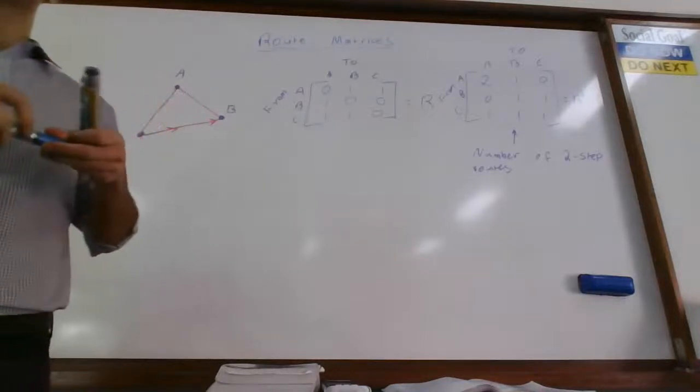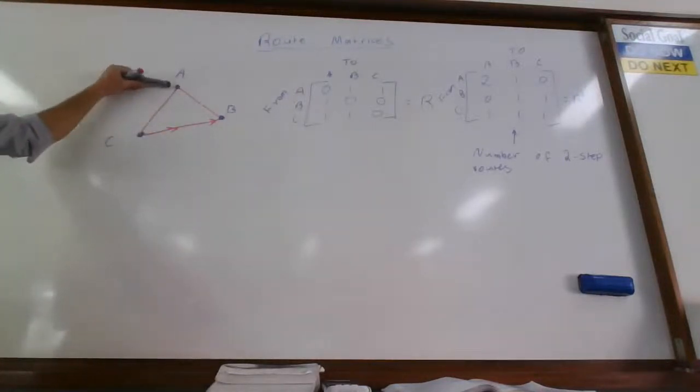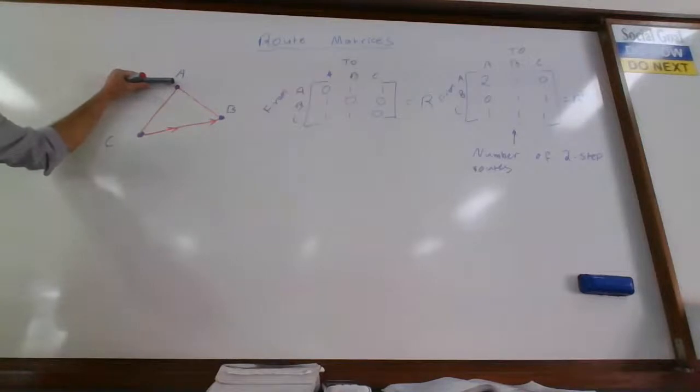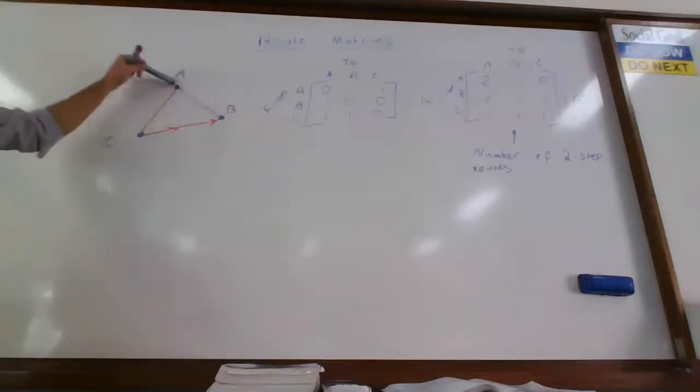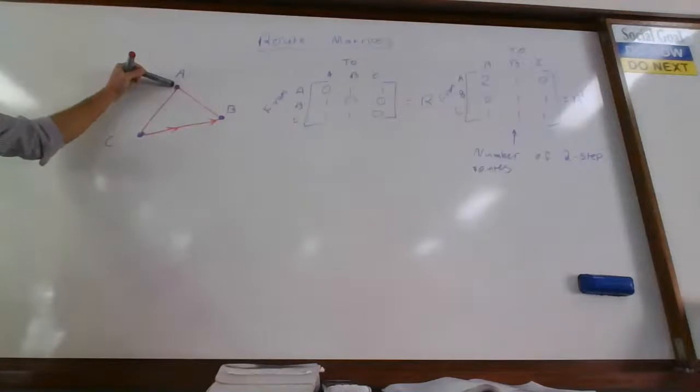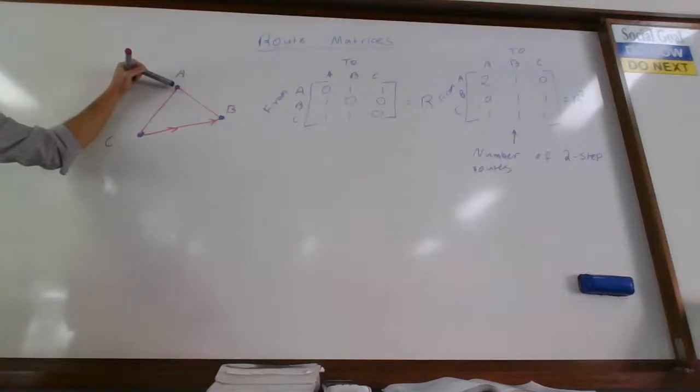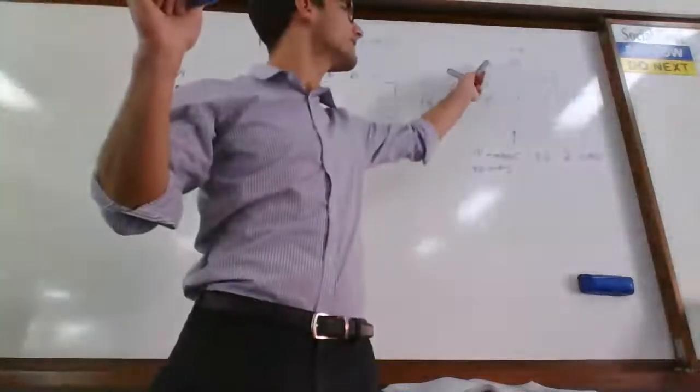If I'm going from A and I want to get back to A in 2 steps, how many ways can I do that? I can go from B back to A, that's 1 way. Or I can go to C back to A, that's 2 ways. There are 2 ways that I can get from A to A in 2 steps. So from A to A is a 2.